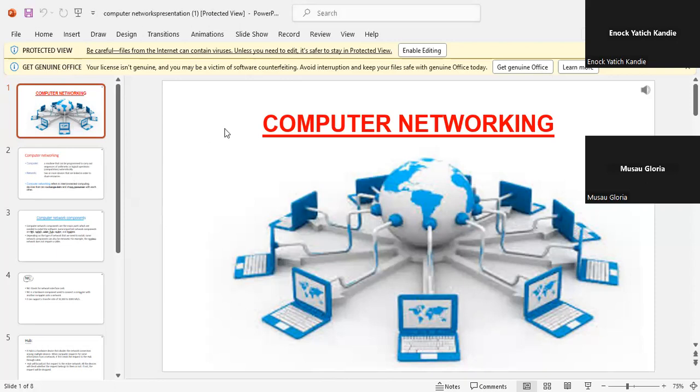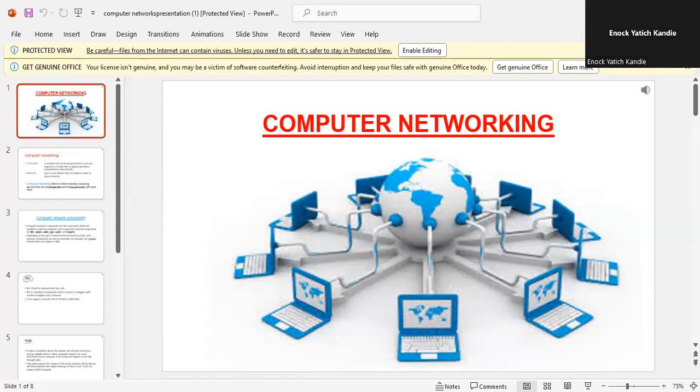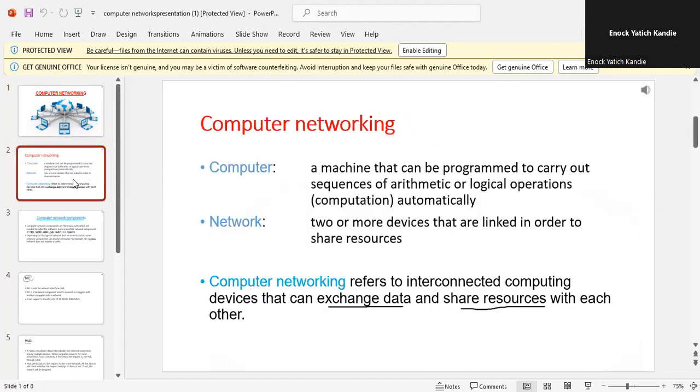We'll start by defining what is computer networking. As we all know, the principles of learning, we learn from known to unknown. So we'll start by defining what is a computer, what is a network, and then we try to integrate the two meanings to come up with the full definition of what is computer networking.